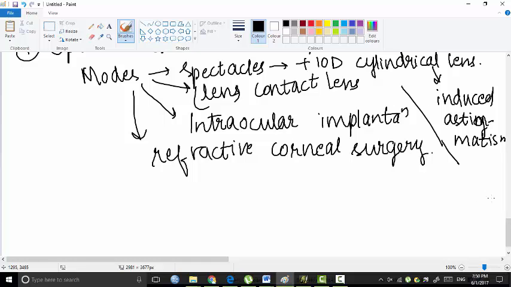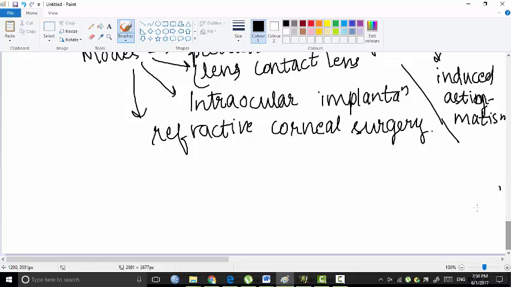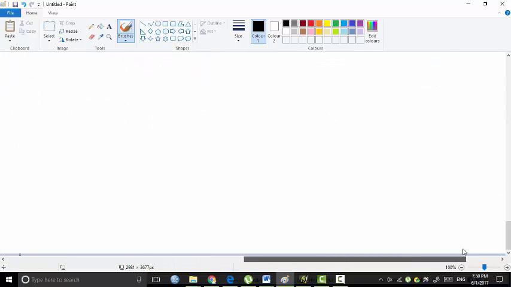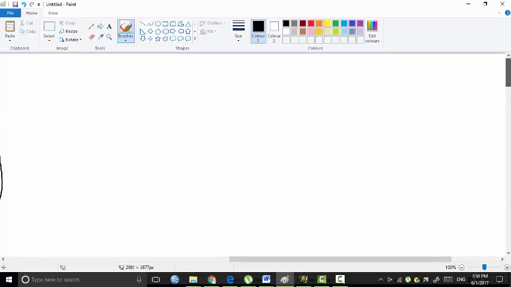So let's deal with each of them in detail, it would be better. So I would take a fresh paper here. Let us discuss each modality of treatment in the best possible way. So first, using spectacles.